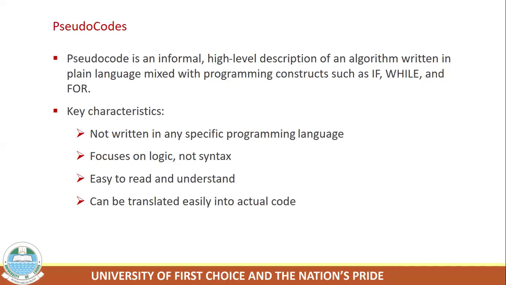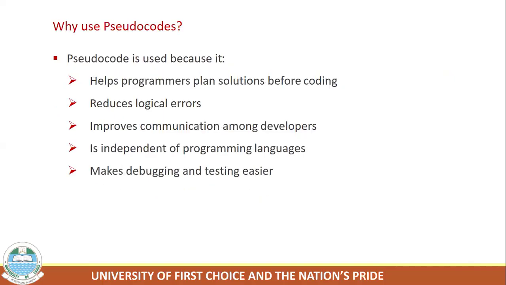Then you can actually translate all that, even the flowchart and the pseudocode, into actual code. Okay, so why use pseudocode? Why do we use it? Pseudocode is used because it helps programmers plan solutions. You have to plan.